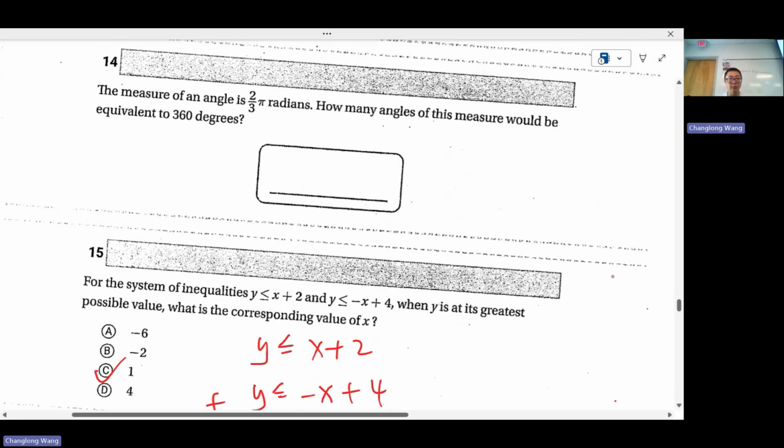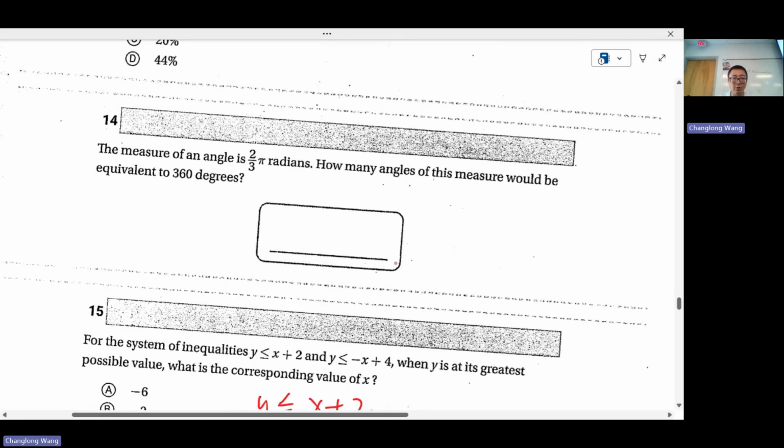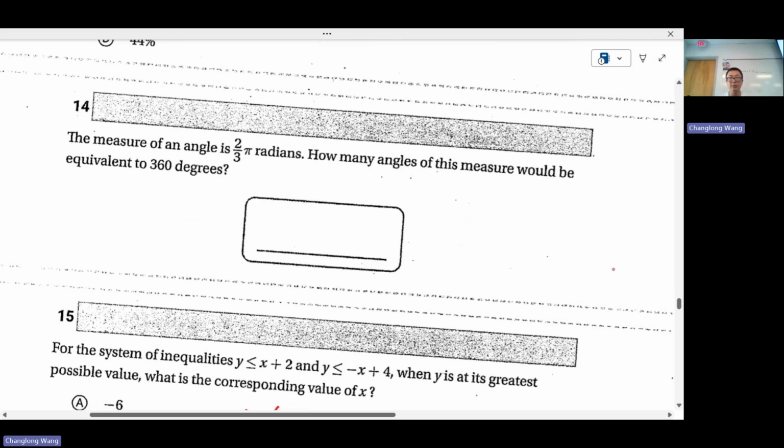Oh, I have another one. So since you guys just learned a lot of things about trig, especially the radians and degrees, I think that you guys are going to like this one. 14. All right, go ahead. 14.